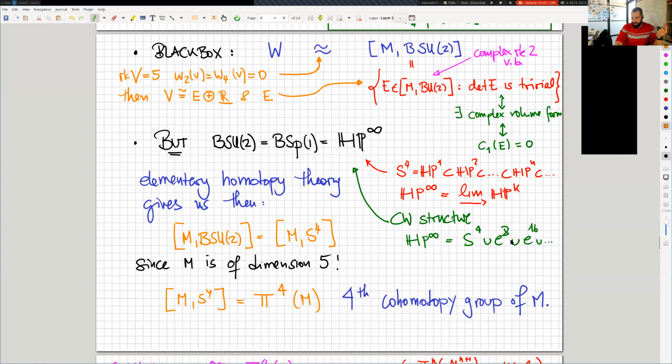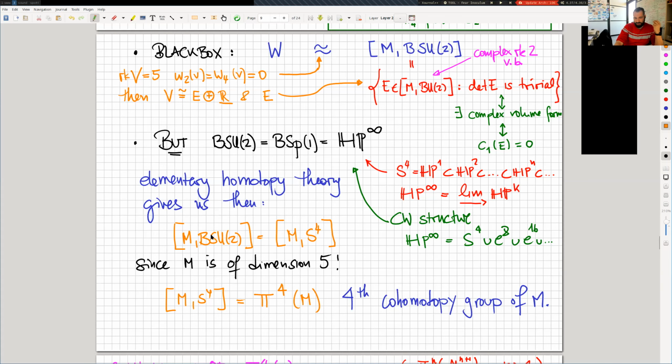But because of this CW decomposition, we know from elementary homotopy theory that if you have here your homotopy classes from here to here, it's the same by CW approximation or by cellular approximation as to look at the maps from M to the 5 skeleton of this thing here, or the 6 skeleton, I'm not sure.